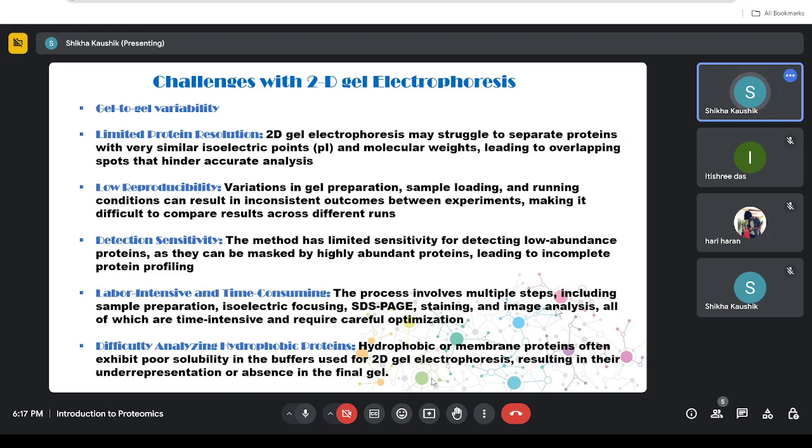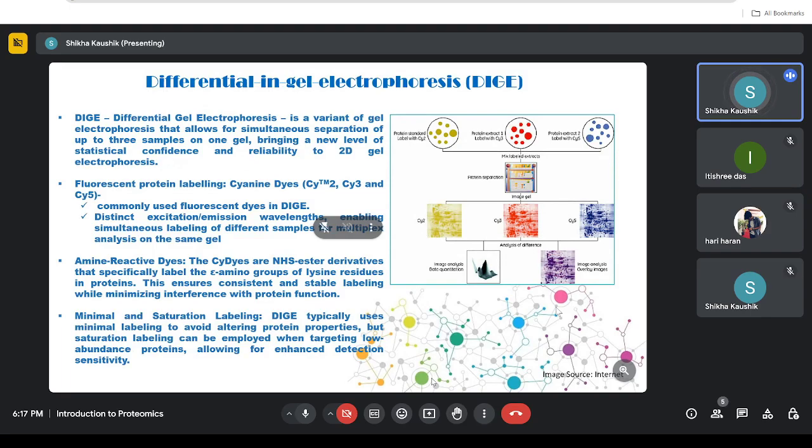So these are the challenges, and with these challenges in mind, there are some additional modifications done in gel-based proteomics, and one of them is differential in gel electrophoresis, which is DIGE.